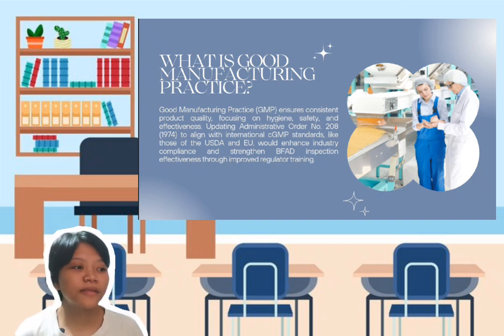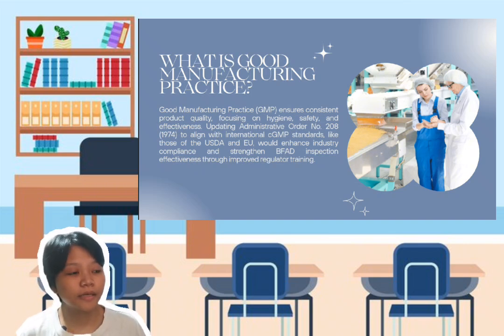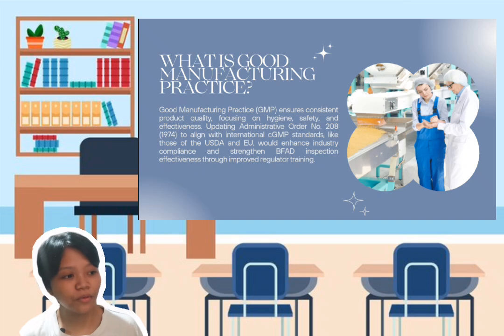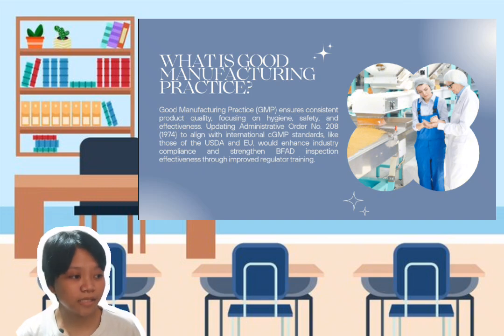So, ang sinasabi ng CGMP dito, yung meaning ng CGMP is current good manufacturing practice. Meron na need nila i-review para ma-improve tapos ma-revise yung current CGMP na naka-embody sa Administrative Order number 208 series ng 1974 ng human food.